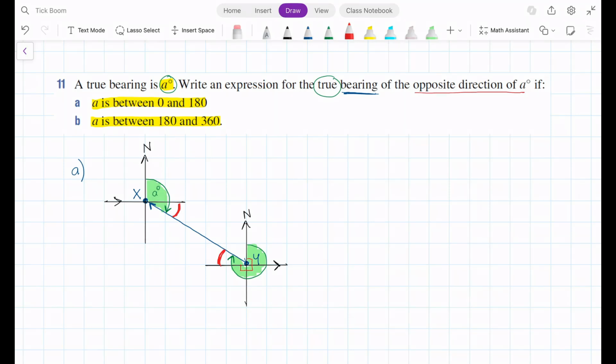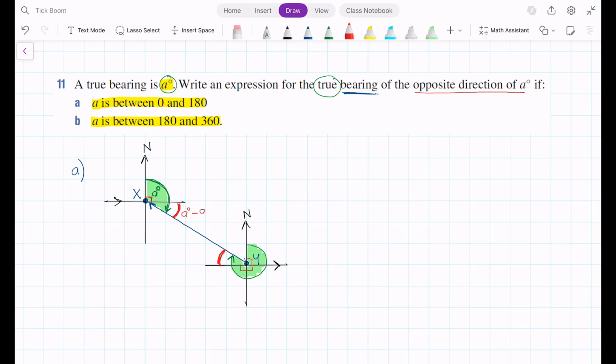So if we go to our original bearing, the whole bearing from north to the line, that whole bearing is defined as A degrees. And I can think of this little extra bit as being the whole angle A degrees minus this 90 portion here.